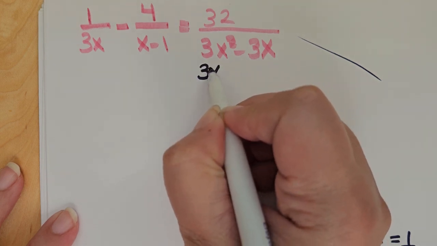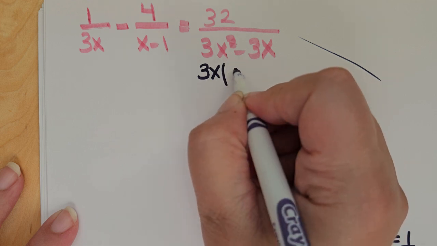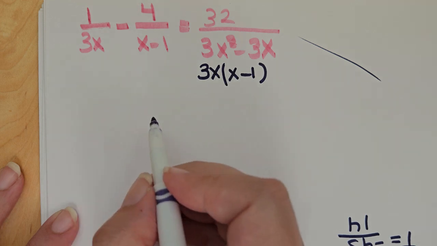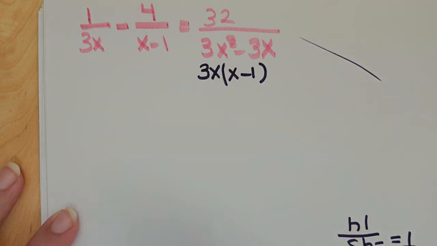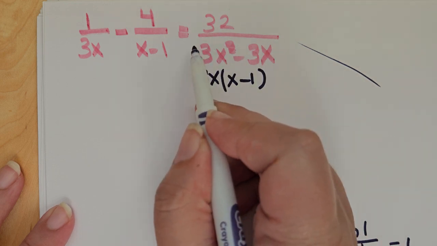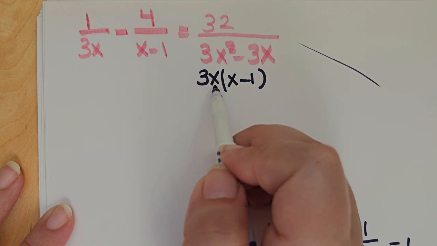So I pull out 3x. What is left would be x minus 1. Because this seems like a big denominator, that's why I started by pulling out the 3x.